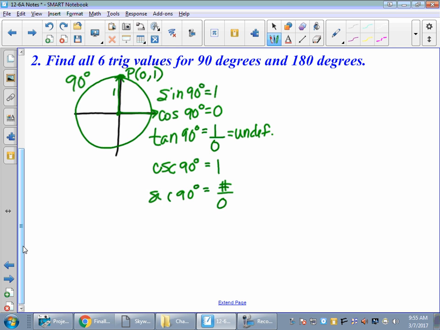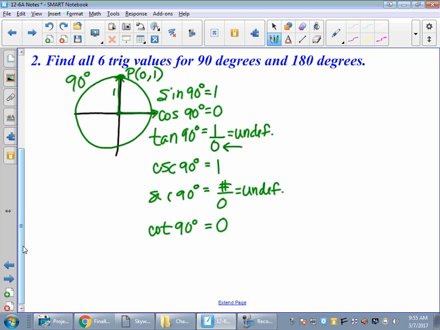If you have 0 in the denominator, again, you have another undefined term. And cotangent, if you flip your undefined term, the reason it was undefined is because 0 was in the denominator. So to get cotangent, 0 is now in the numerator.